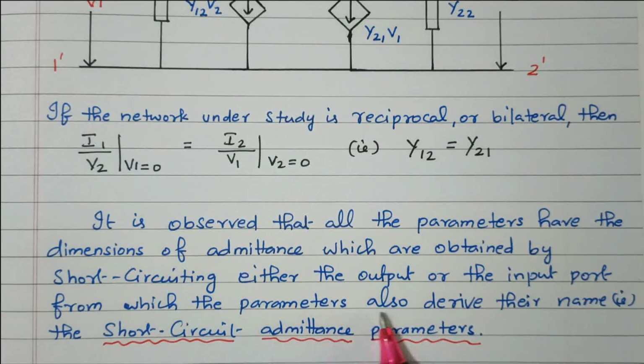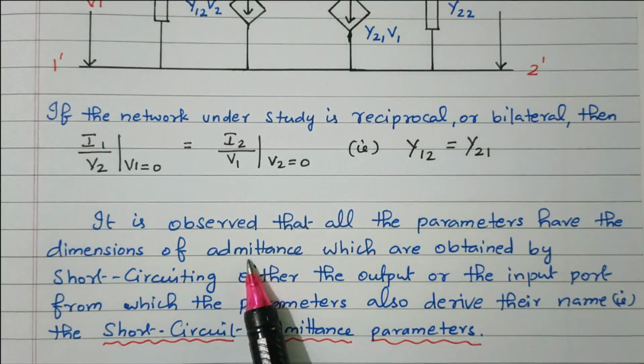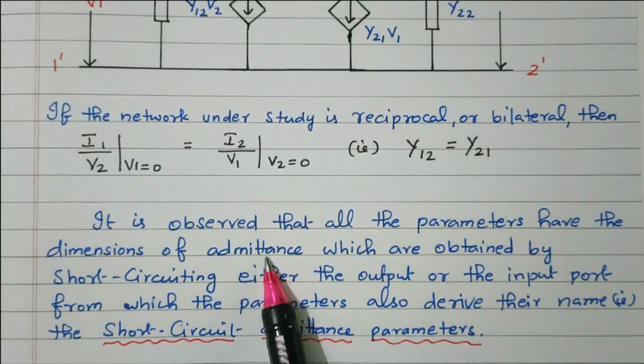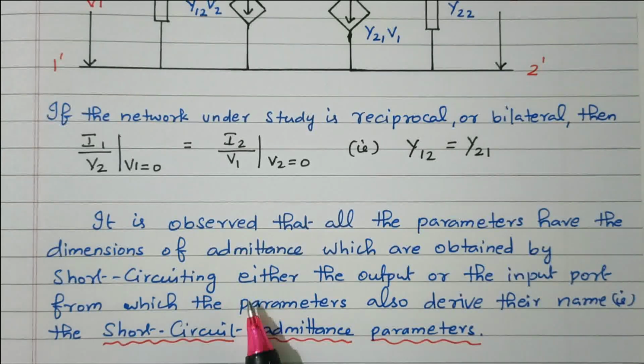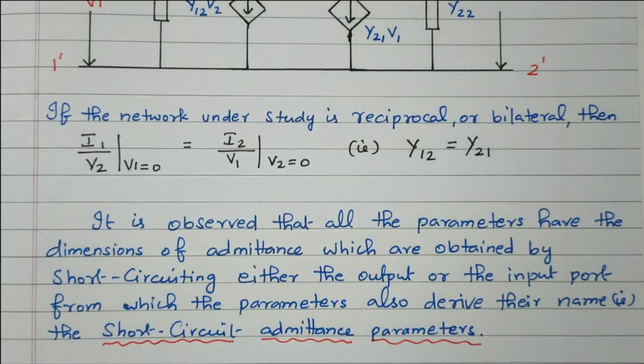Hence the name short circuit admittance parameters, right? All four parameters we got are admittances: Y11, Y22 and the others. We short circuit either the output port or the input port, so they are called short circuit admittance parameters. So in this video, for the two-port network, we saw how to obtain the short circuit admittance parameters from the basic generalized equation.